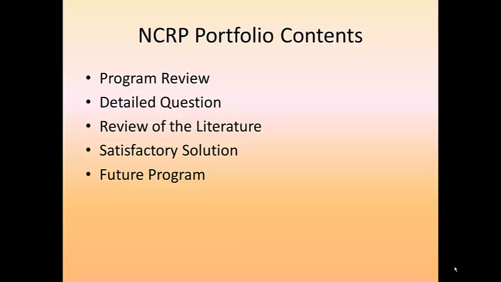This satisfactory solution should be a minimum of 5 pages and a maximum of 8 pages. Last, you will create an outline of a future program detailing how you can continue to develop and apply everything that you learned in the program in the field as an NCRP practitioner.